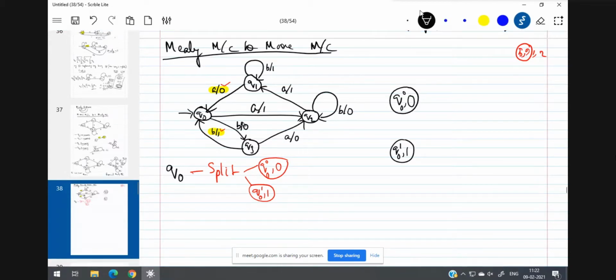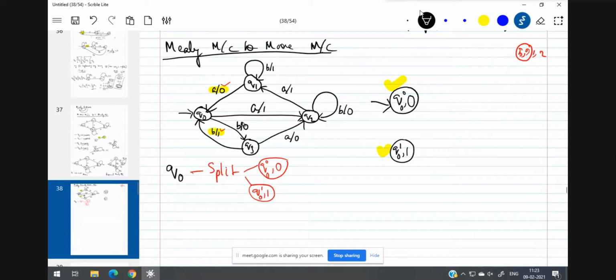But for this one, we have split the initial state into two, and we cannot have more than one initial state. This is the concept which we studied at the beginning of finite automata. So it's up to you whether you want to choose this one or this one as the initial state. Let me just choose this arbitrarily as the initial state. If you choose the other one, nothing wrong in that. But only one initial state has to be there. From the split part of the initial state, you have to choose one state as the initial state.